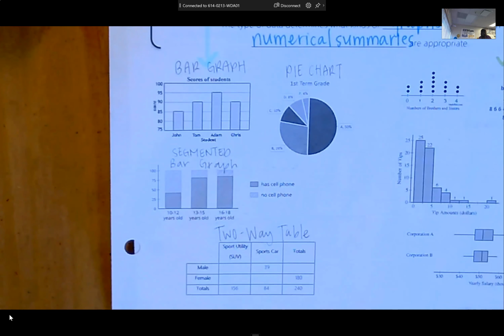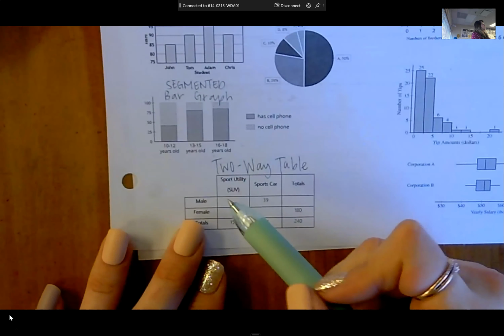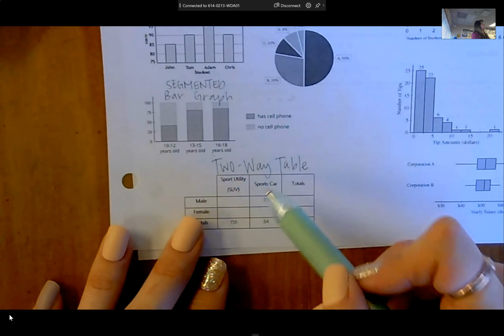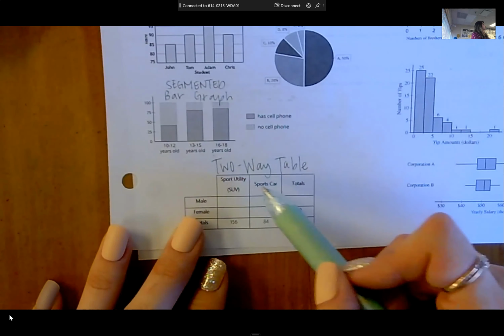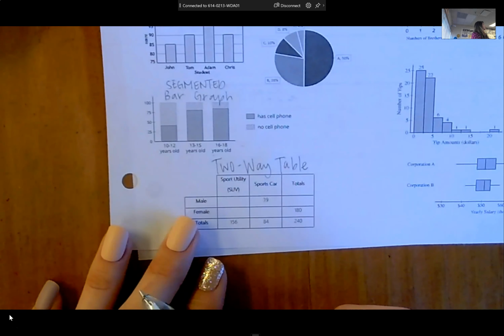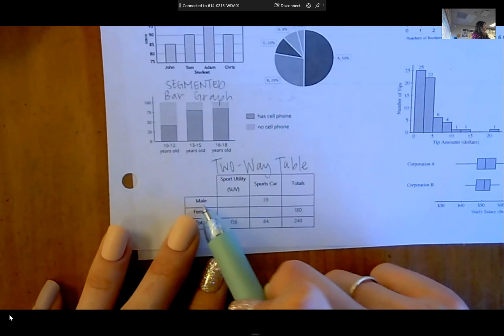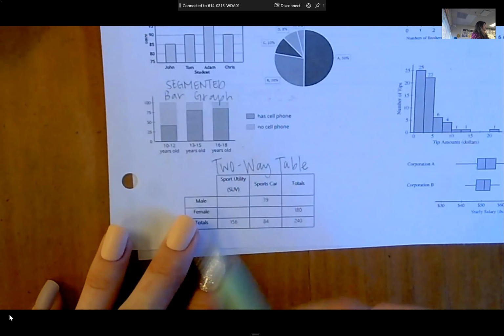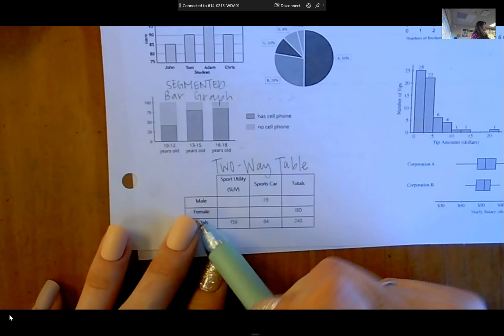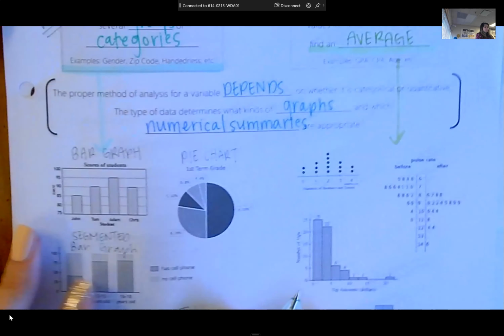You could also think about that as like youngest, middle, oldest. And then down here, what they're investigating is your gender and what kind of car you own. Your options are SUV and sports car. Who are we assuming is going to be getting the sports car? The males. Who's getting the van? The females. So we're going to investigate that.